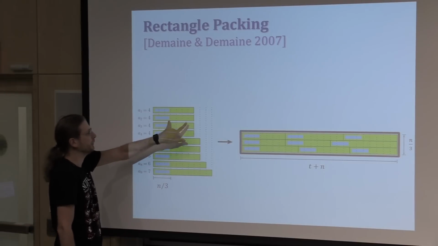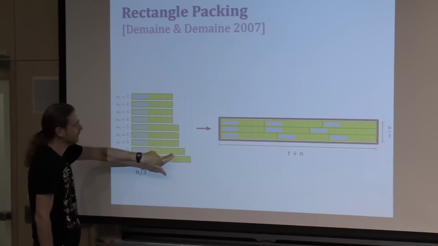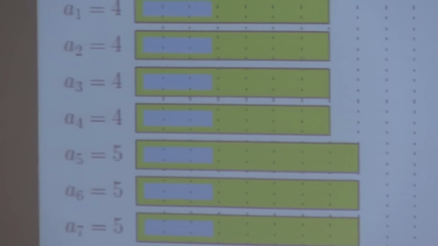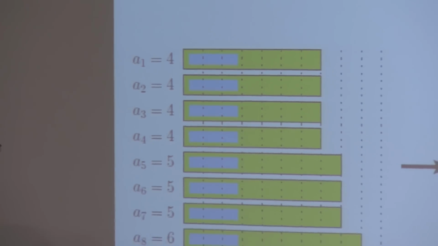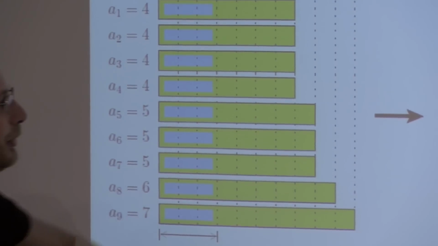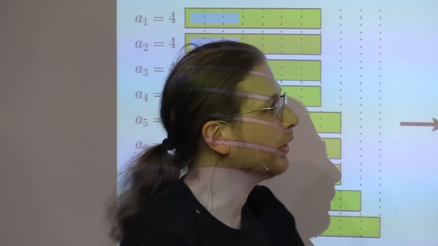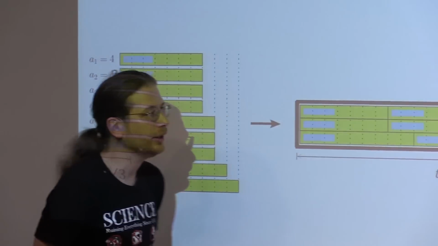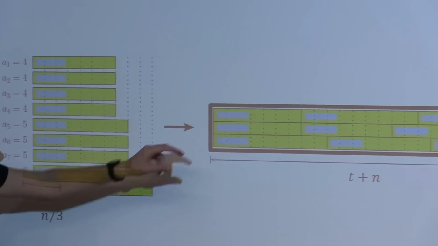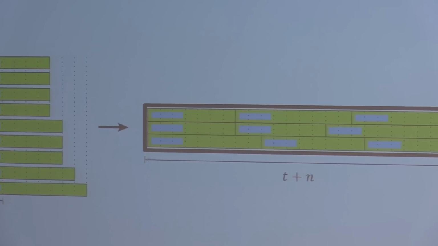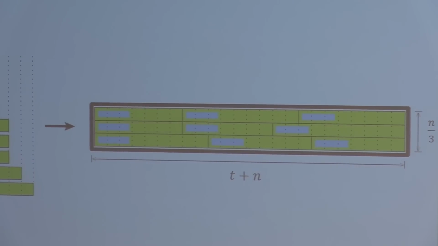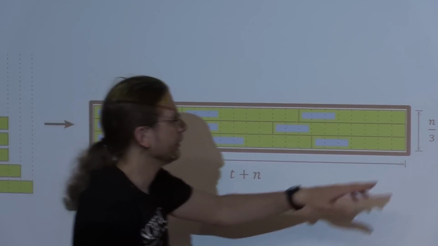So there's a 4, 4, 4, 4, 5, 5, 5, 6, 7. And that happens to be a positive instance of three-partition. There is a solution. This is one way to do it. So we're just adding n over 3 here, because we have 3 times n over 3. And the length of these is always smaller.